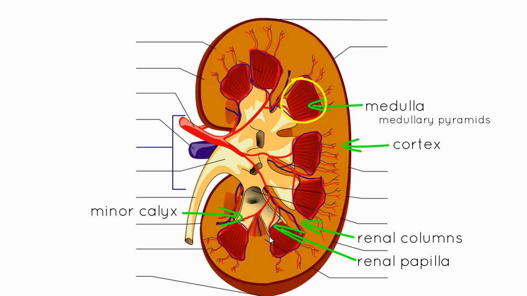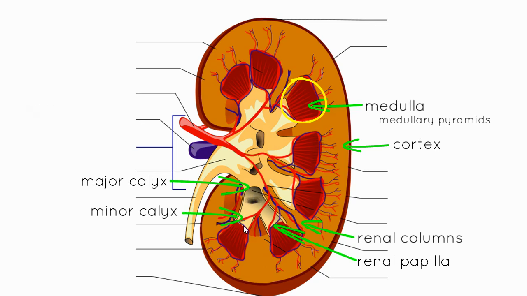So you can see these minor calyces surrounding the tip of the medullary pyramid, so the renal papilla. So the plural of calyx is calyces, and these minor calyces come together to form major calyces, or singular is major calyx.